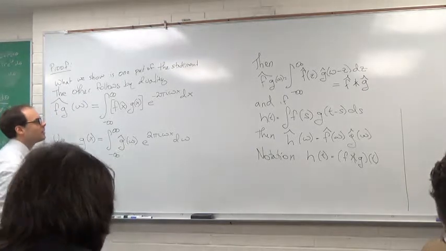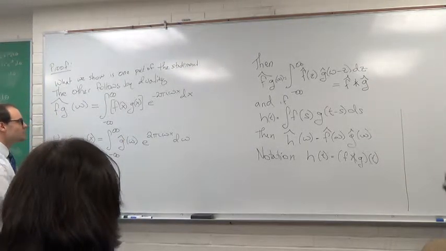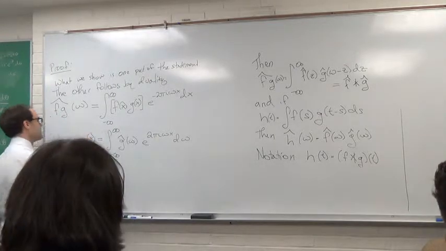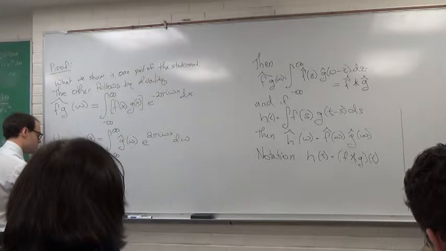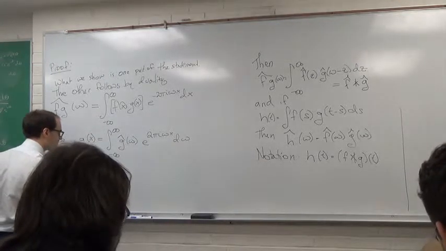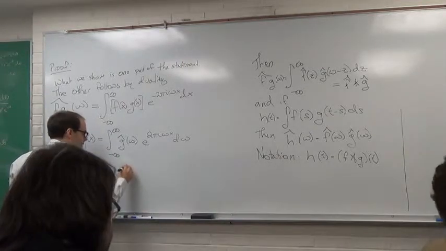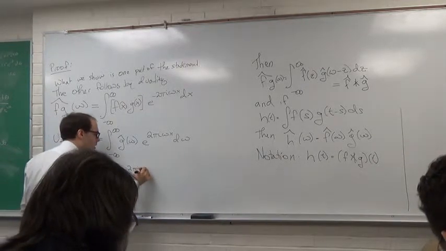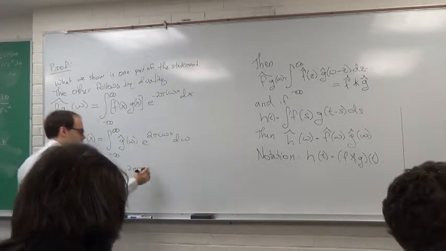And notice no minus sign here. So let's use this formulation. The transform is f of x times e to the minus 2 pi i omega x. Now I'm going to rewrite this g of x in this integral format.